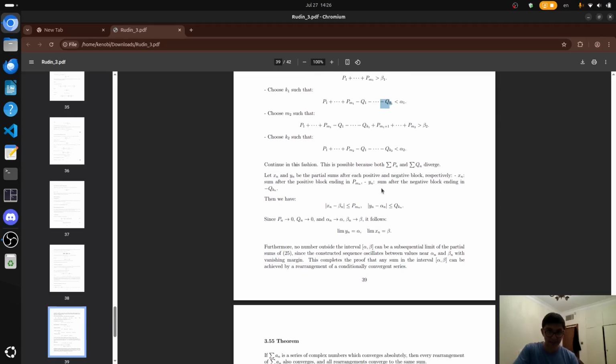So that means basically xn minus beta n is less than or equal to pmn. Why? Because imagine it stops. This is the before last term, and this is beta n, right? Because it's going to be greater than beta n.